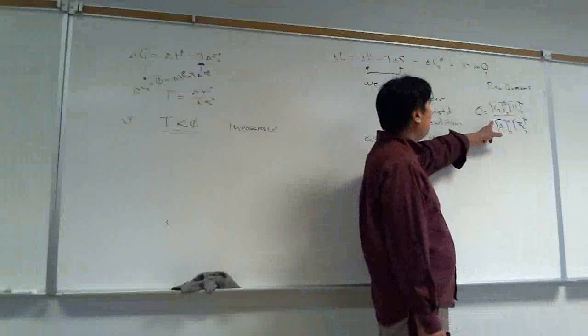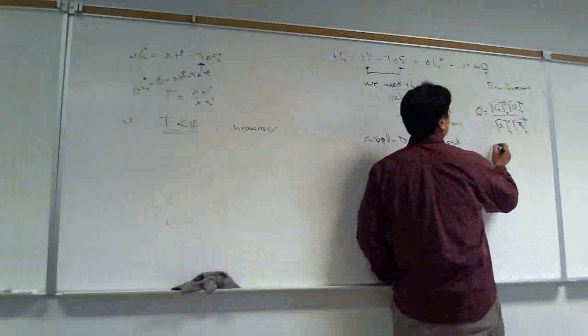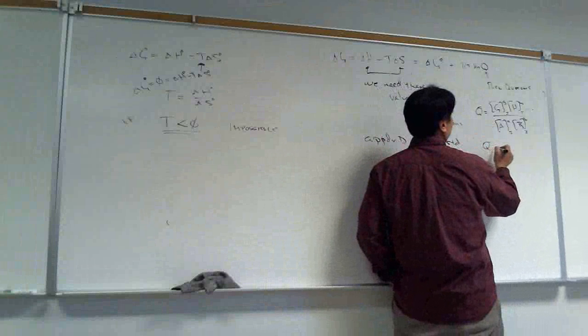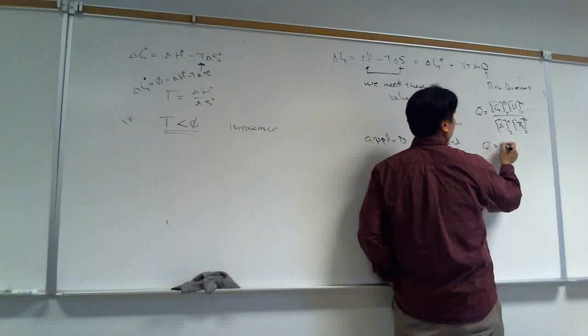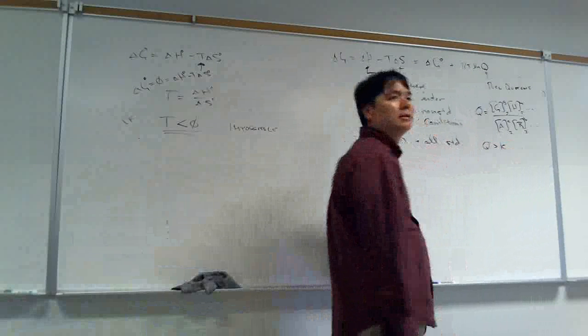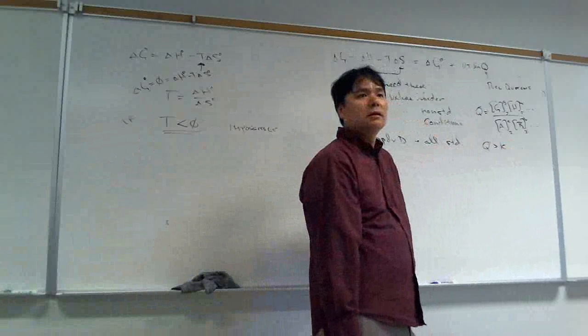And so basically it's going to just say this. If Q is greater than K, then what does that mean?